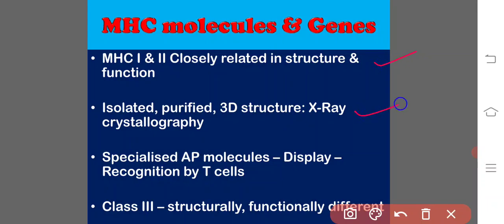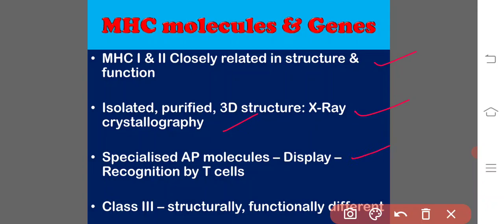Both Class I and Class II MHC molecules have been isolated and purified, and the three-dimensional structures of their extracellular domains have been determined by X-ray crystallography. Both types of membrane glycoproteins function as highly specialized antigen-presenting molecules that form unusually stable complexes with peptide ligands, displaying them on the cell surface for recognition by T cells.